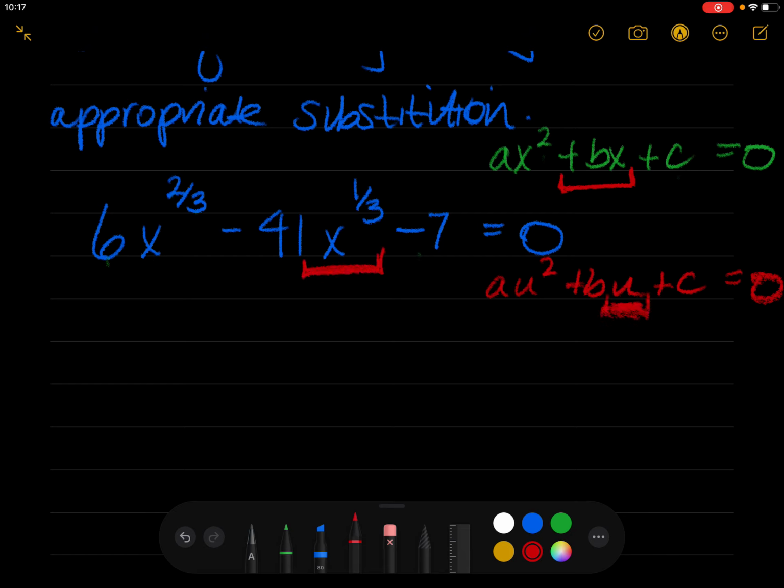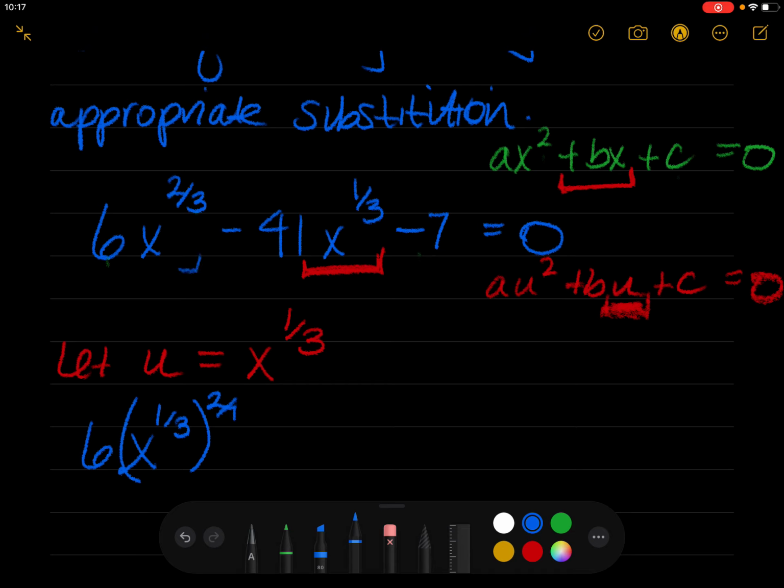Well, let's see what happens when we plug that in. For this first term here, where we have 6x to the 2/3, if we express it using 1/3, we can use our power rule to say, if I multiply by a 2 over 1, essentially, we get back our x to the 2/3 that we had above.